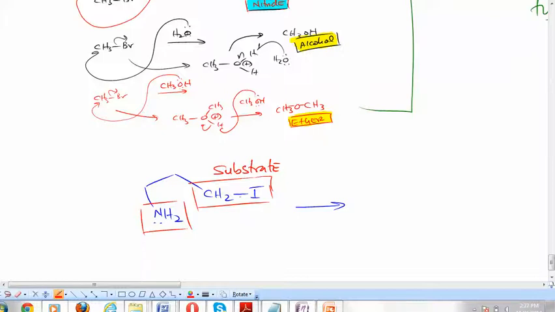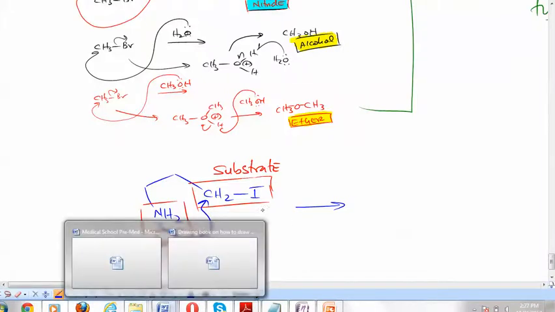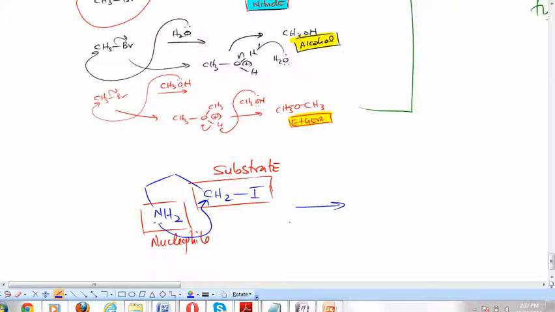And you have your nucleophile. So I have my substrate here, and I have my nucleophile, so I can go ahead and do the reaction. My nucleophile will attack the carbon of the substrate containing the leaving group, and the leaving group will leave. And since this is occurring at the same time, it's SN2.